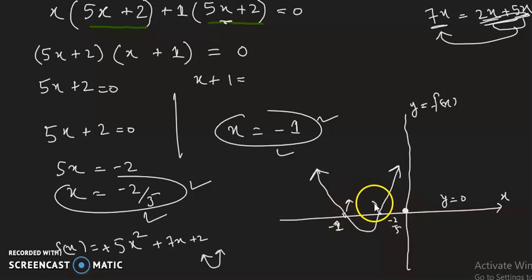These two points have x values of this and y equals 0. So graphically it means these are the values of x for which this function gave us 0. So that's all about quadratic equations. Okay, take care, goodbye.